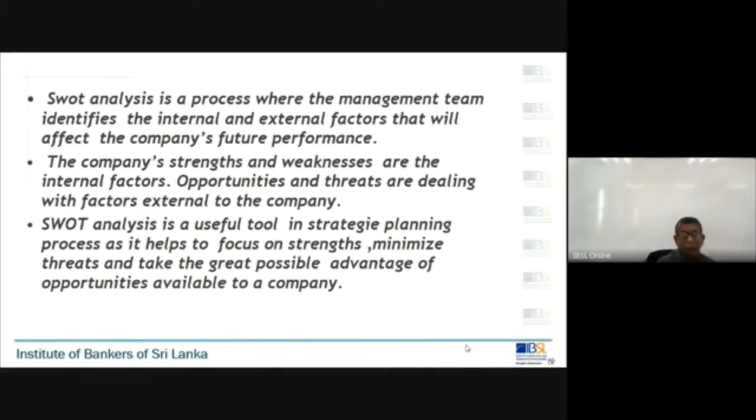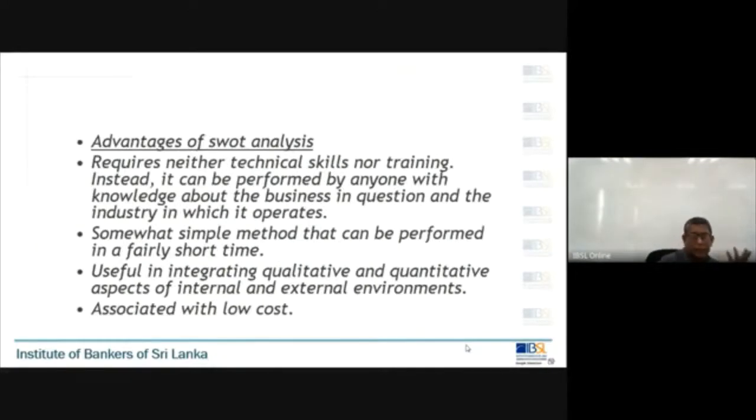Right? Now, through the SWOT analysis, we are trying to understand all these things. The SWOT analysis, as we are all aware, is very simple. We don't need sophisticated technical skills or training to do that. If I ask you to write what your bank's strengths and weaknesses are, you know.